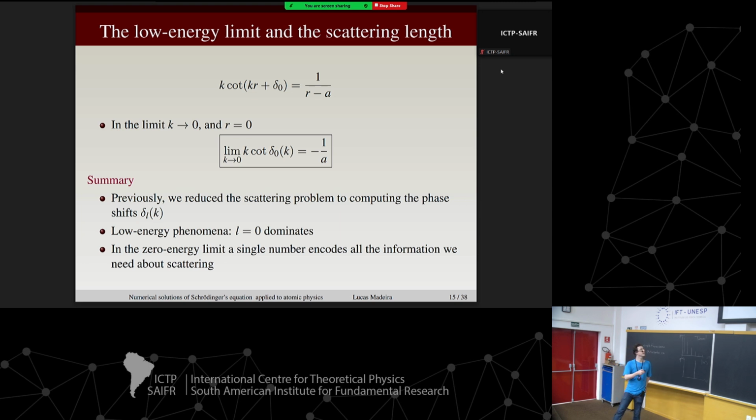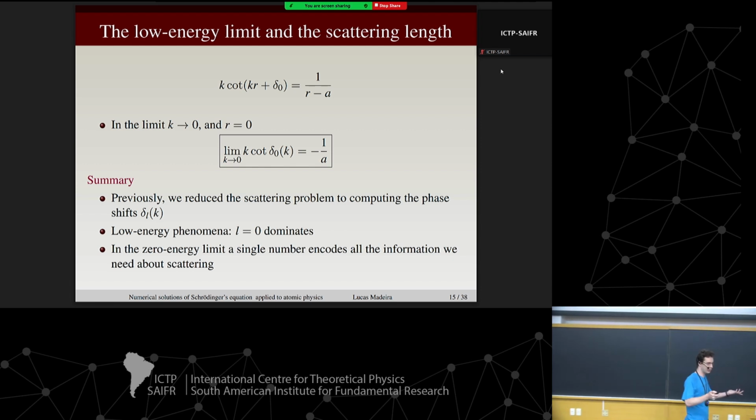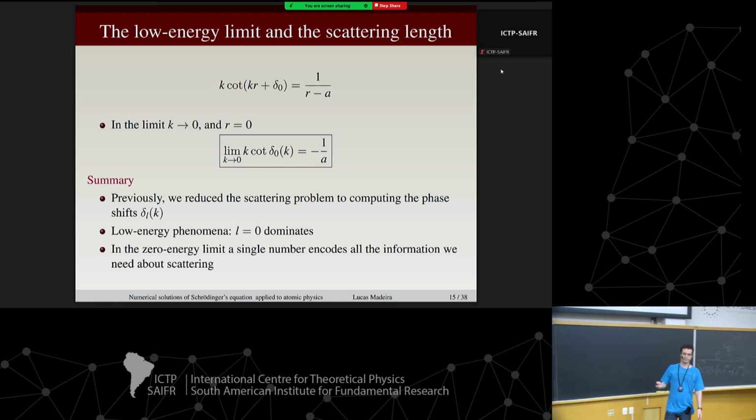If I take the low energy limit, this is something that you saw 3,000 times now during this course, which is the very definition of the scattering length. This is telling me that all the behavior encoded in these phase shifts, in this very special zero energy limit, the limit where my energy goes to zero, is described by just one number. And this number is the scattering length, right?